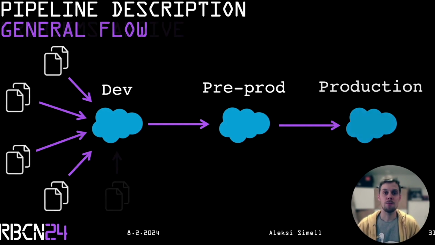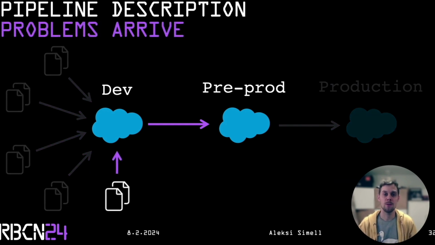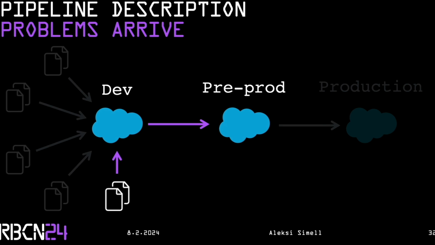It was a large refactor on one specific flow of the whole system. It was deployed to the development environments and until pre-production, until the huge issue was found. And the issue was the performance was so poor that the test execution times just skyrocketed.